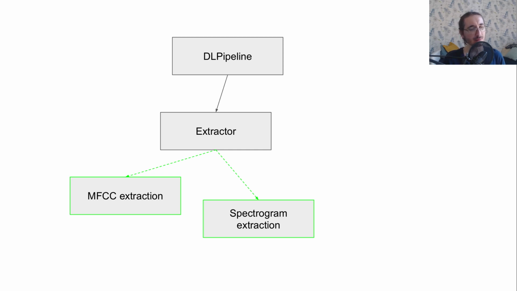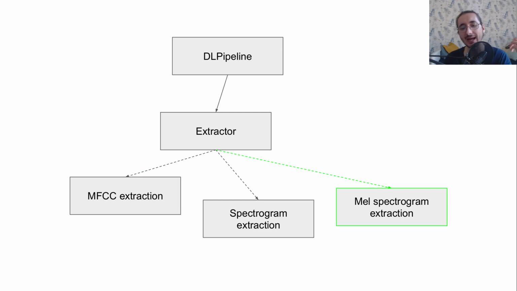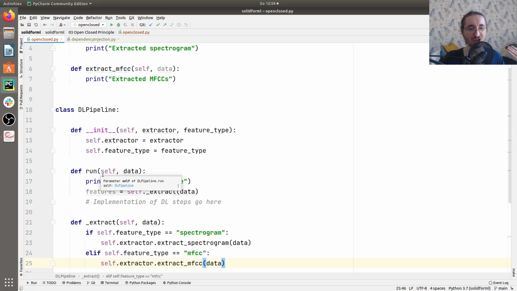So what's the problem here? Well, what if we want to add a new type of audio feature extraction? For example, what if we want to add mel spectrogram extraction? Well, in this case, what we have to do is change the code to modify two entities rather than adding this new functionality to a new entity. So what are the entities that we should modify?